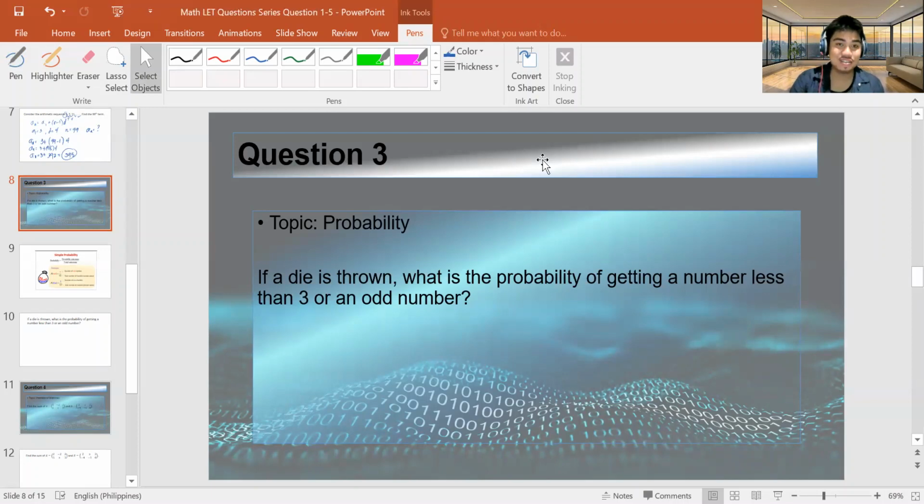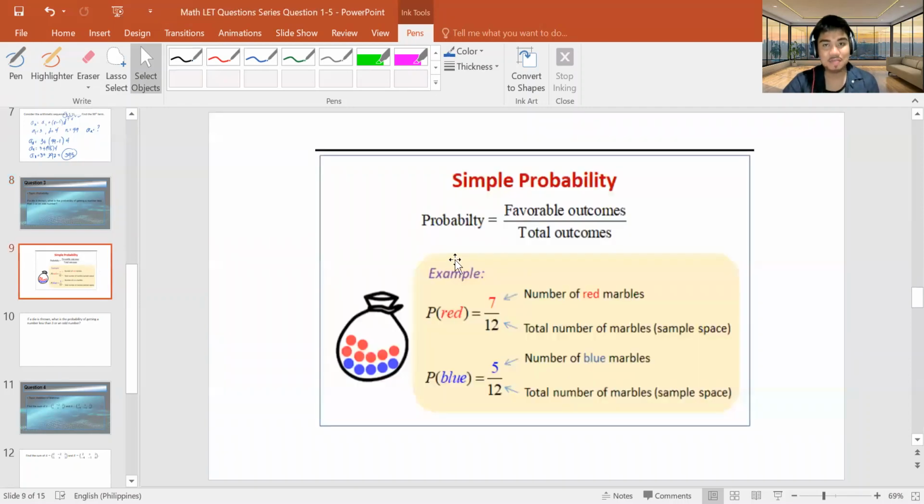So, good. Probability. When we say probability, I have here an example of simple probability. Here is the formula for probability: favorable outcomes divided by total outcomes. For example, if we have a bag with 12 marbles, red marbles and blue marbles, what is the probability of getting a red marble?